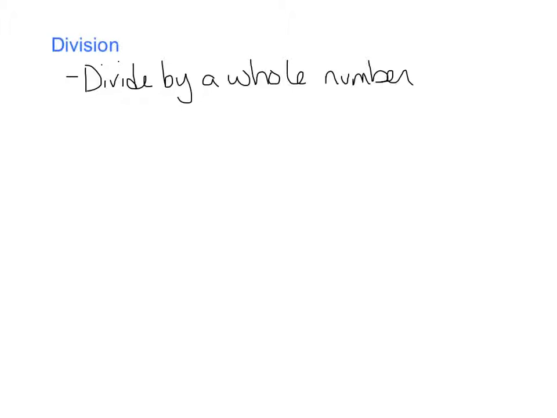I get to division. The key part is that you have to divide by a whole number. So if, for example, I gave you something like 14.22 and I want to divide by 0.9, this number here has to be without a decimal.